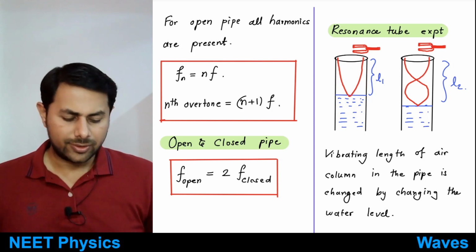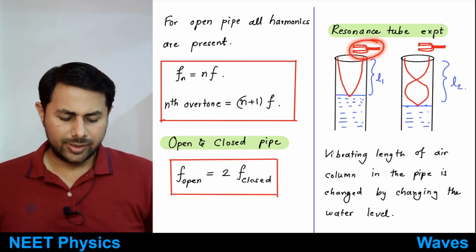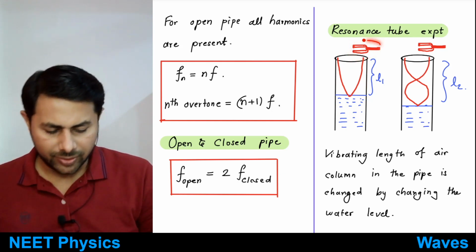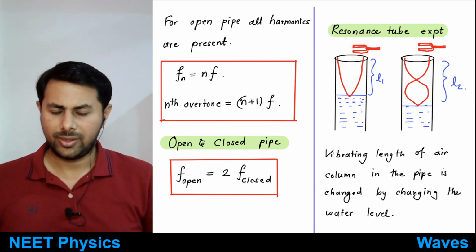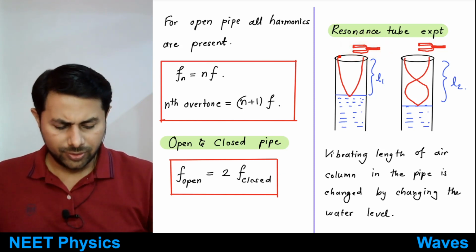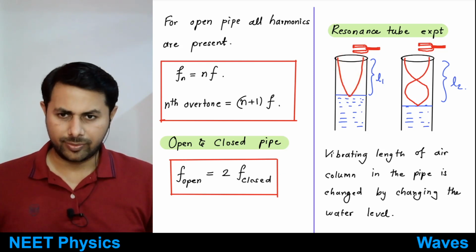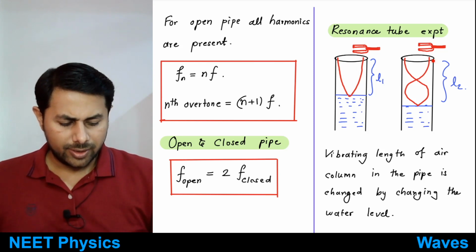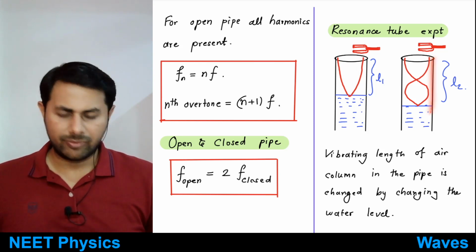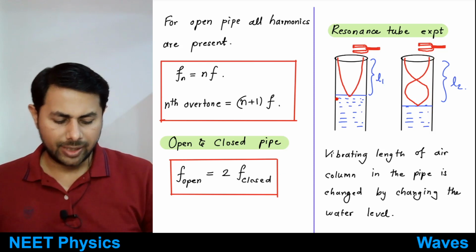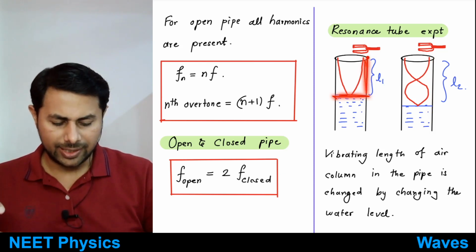Now see here, suppose you want to find out the frequency of this tuning fork. How will you find it out? You know, for the fundamental mode, the vibrating length would be equal to what? Lambda by 4. Then for next mode, it will be equal to 3 lambda by 4. But now we don't keep the vibrating length same.